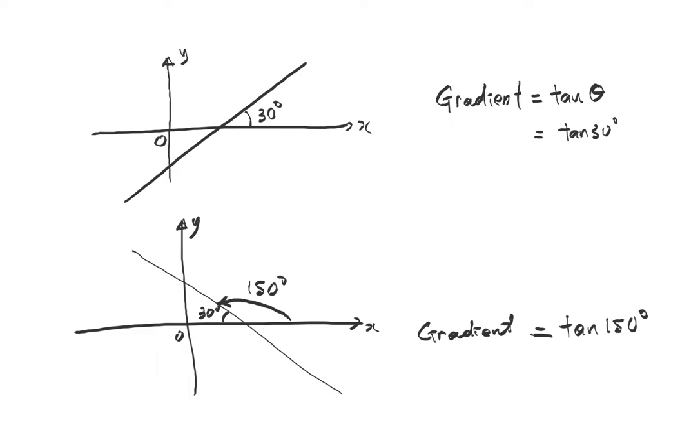Okay. You have that kind of calculator that can give you the exact value, correct? What is tangent 30? Root 3 over 3. What is tangent 150? Negative root 3 over 3. Am I right?